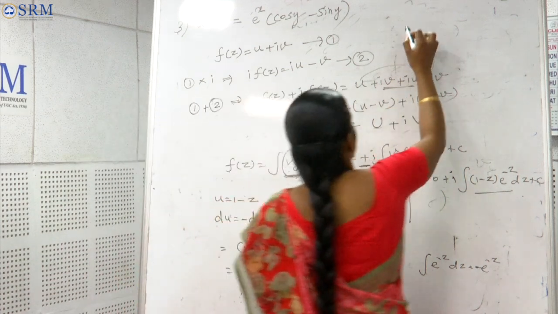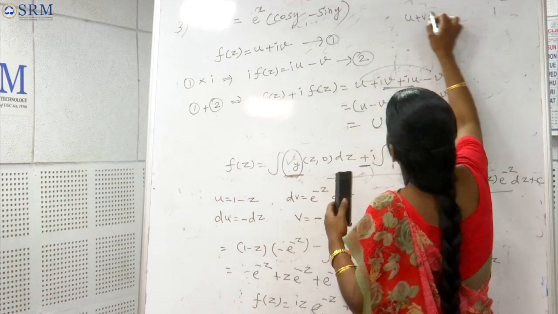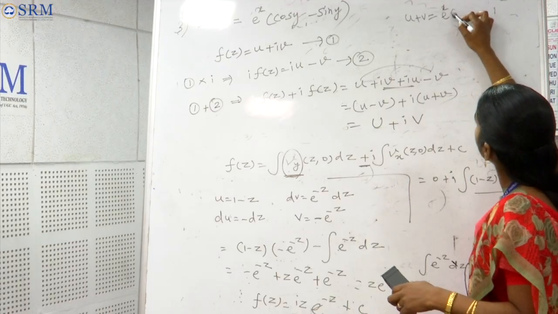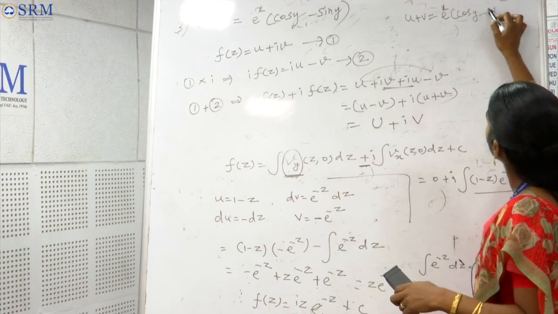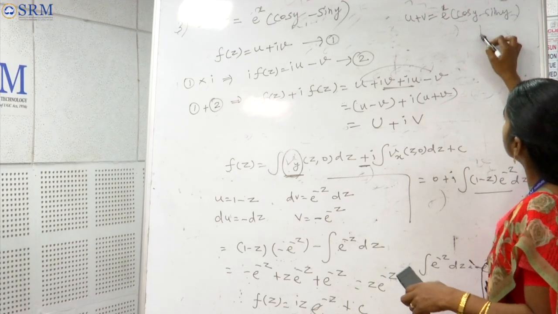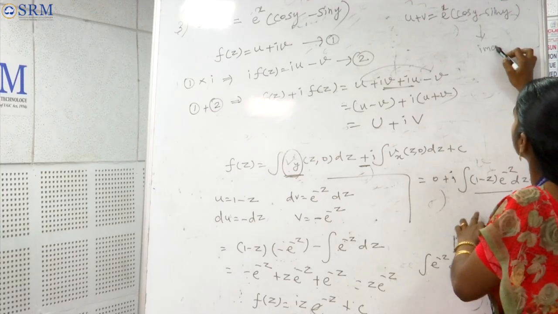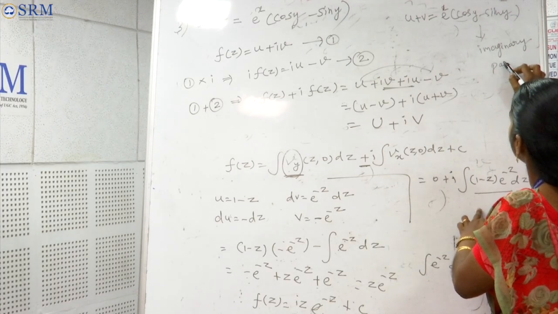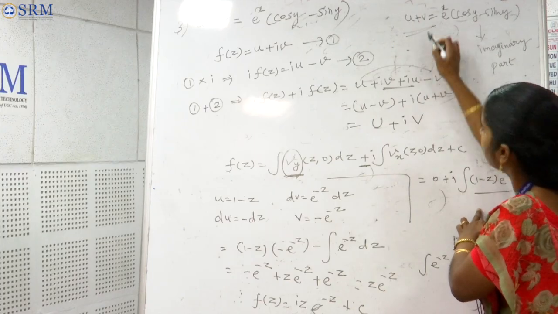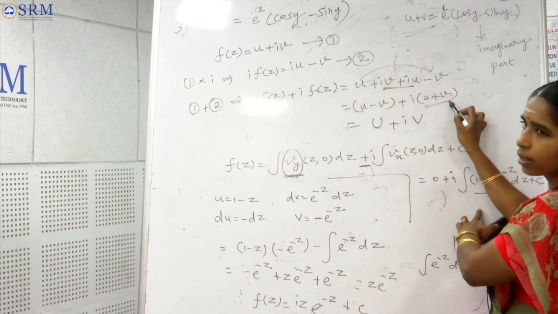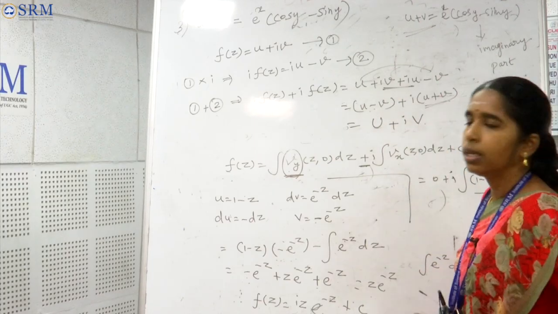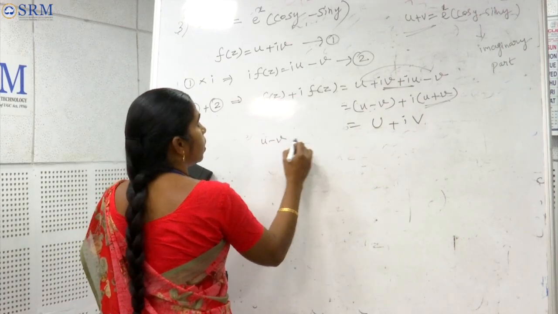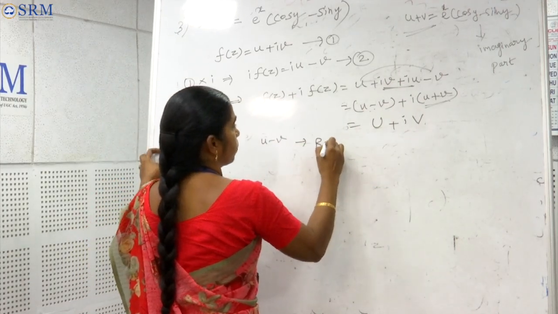Suppose instead the question gives u plus v as the same function e power x (cos y minus sin y); that means the imaginary part is given. So u plus v means the imaginary part, and u minus v means the real part.